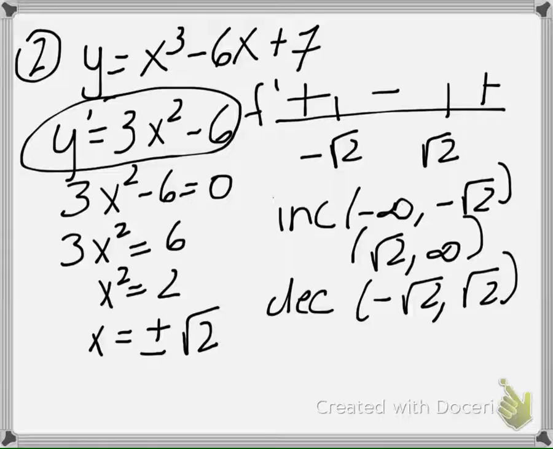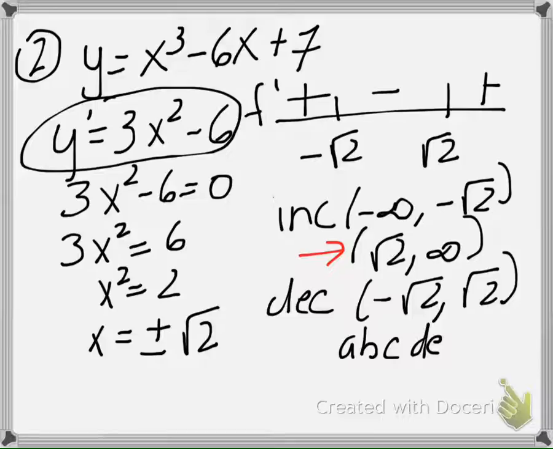Okay, the question is asking about a whole bunch of different things. So let's look at our choices. So A says that it's increasing for all values greater than radical 2. So greater than radical 2 would be, let me get another color, this piece right here.